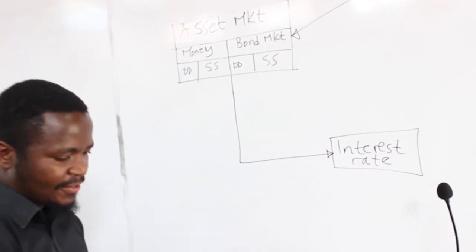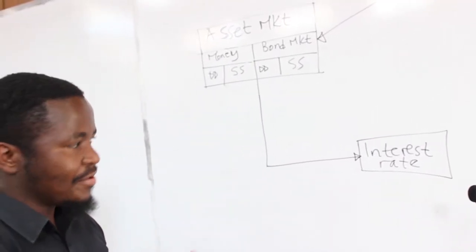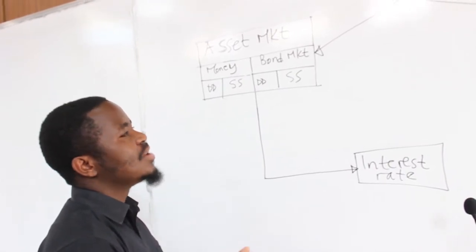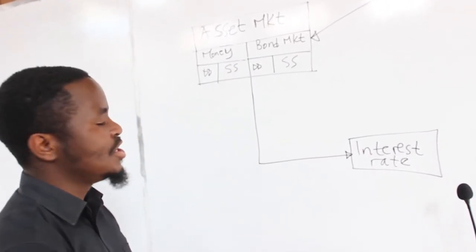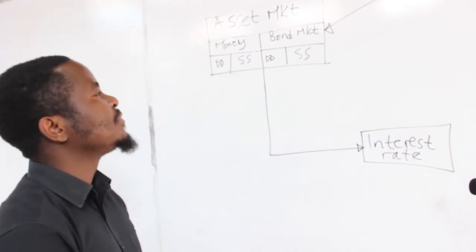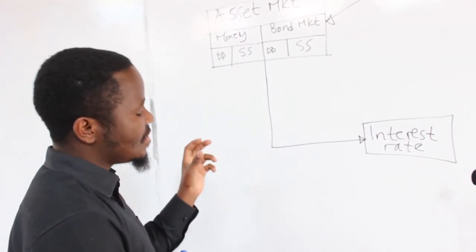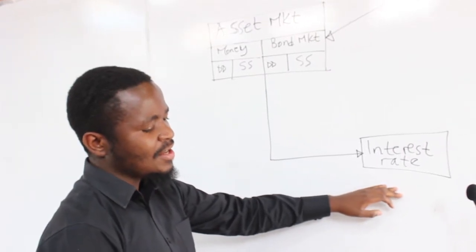Why are we saying that? As we have already said, people usually finance the possession of money through borrowing. So the cost of borrowing is the interest rate.